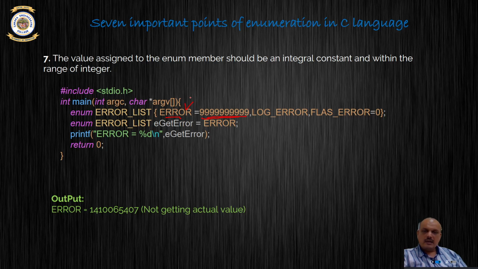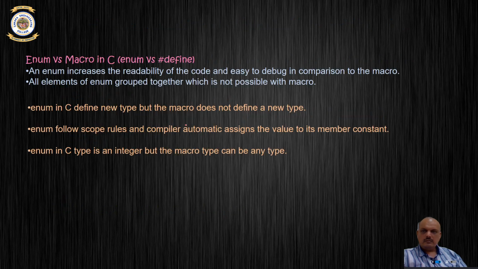For example, in the compiler that I use, this particular value is outside the scope of an integer data type. If you try to assign a value which is outside the scope of an integer, you get an error, just as when you assign something other than an integer to the members in the enumerator list. Both are one and the same. Okay, so those were the 7 rules one has to remember when you use enumerators in C.